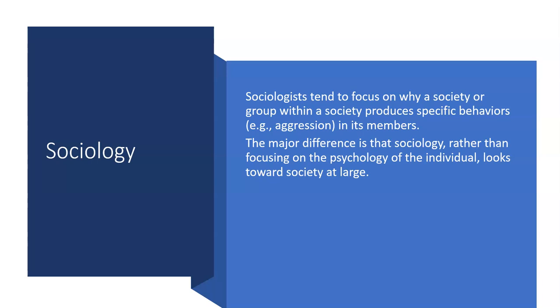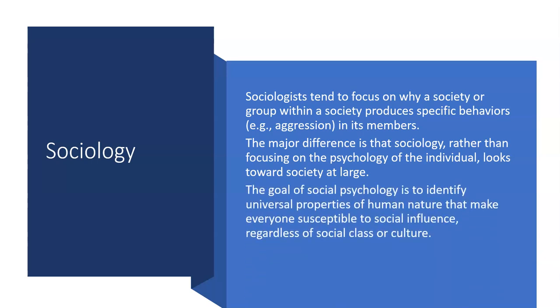The major difference between sociology and social psychology is essentially the level of analysis. Psychology tends to lean in the direction of not looking at those big groups, but instead looking at the person, the individual. Sociology tends to look at many of the exact same variables, things like aggression, altruism, prejudice, etc., but they're looking at it at the group level.